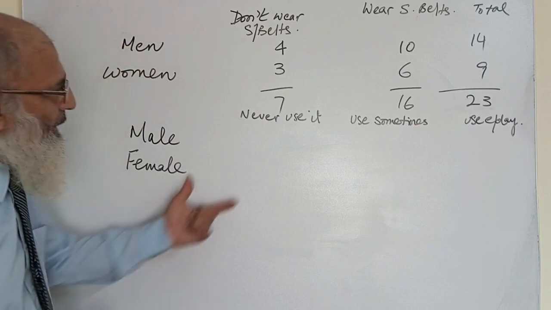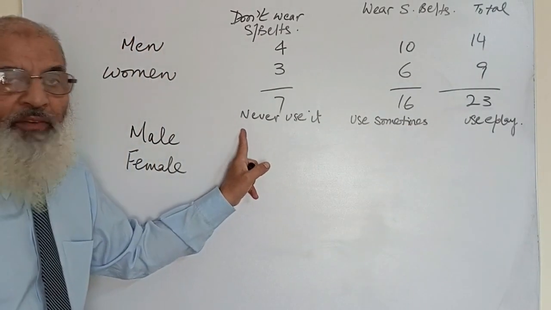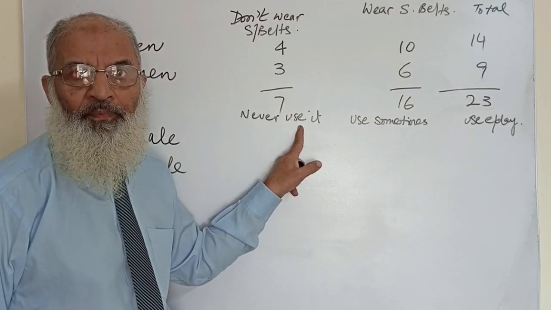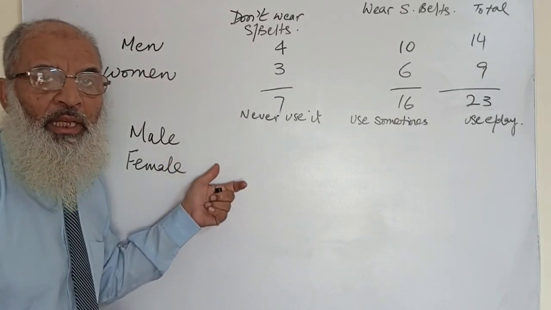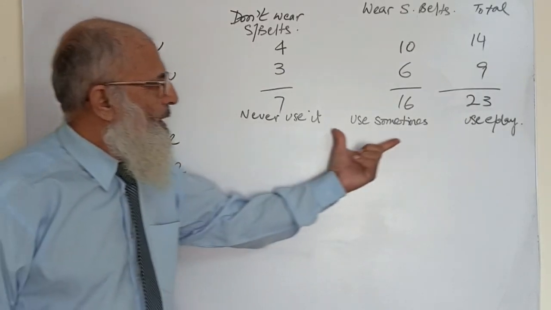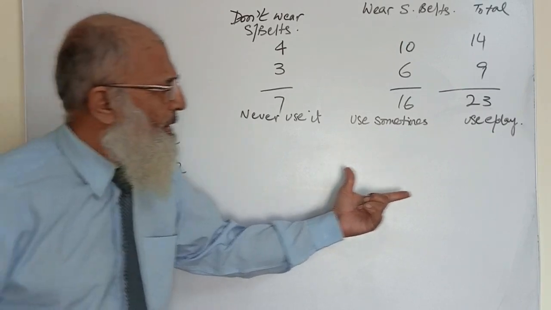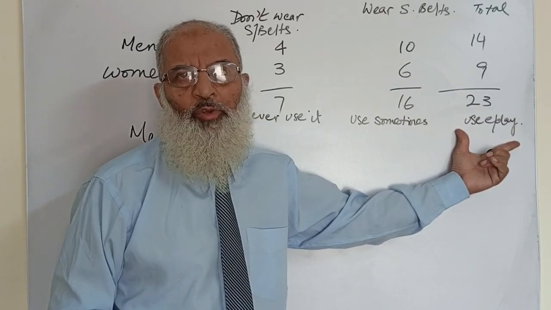Okay, now you see there are 3 categories. From the left: never use it, some students never use it, either male or female. Some use it sometimes and sometimes they don't. And some use it every day, it is their routine.